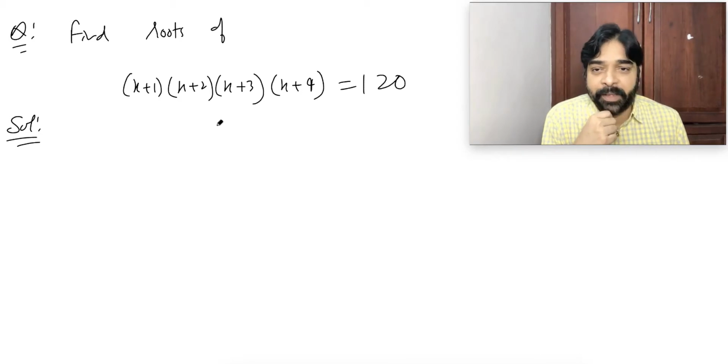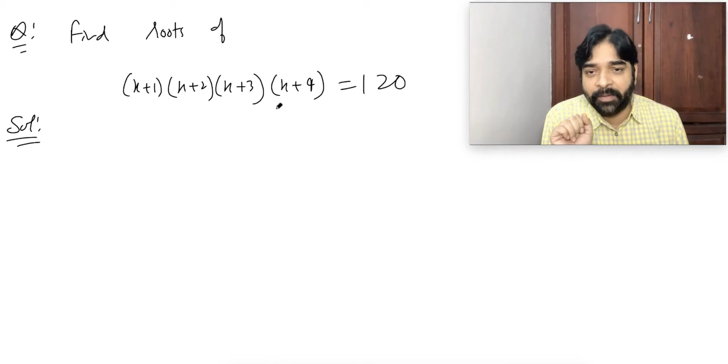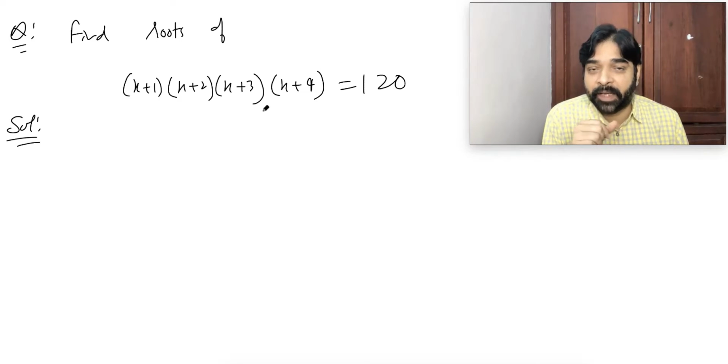Look carefully, everybody. If I multiply these two, I will get x square plus 3x plus constant. Here, if I multiply, x square plus 7x plus constant. I can't do anything. Think carefully.